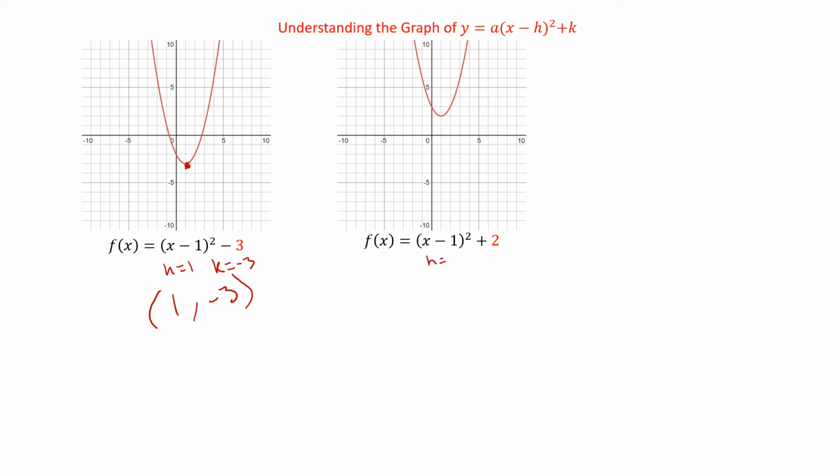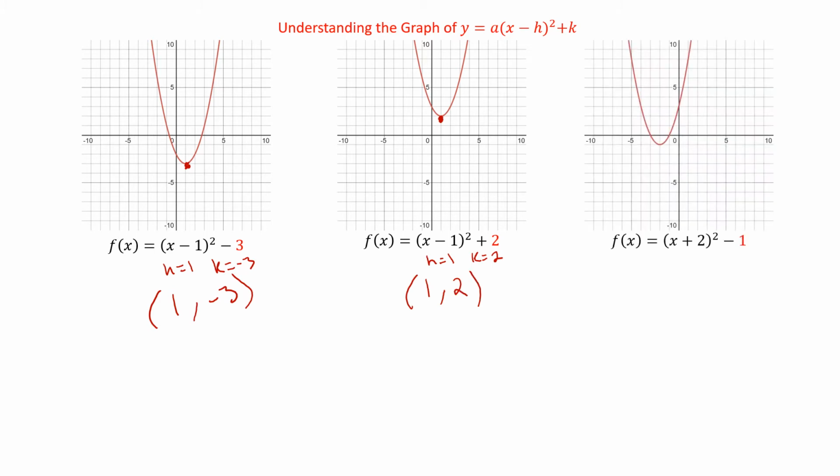So h again equals 1, k equals 2, the vertex, that point, is 1, comma 2. Here we have x plus 2 minus 1, so h would equal negative 2, k equals negative 1. Look at where that vertex is, negative 2, comma negative 1.